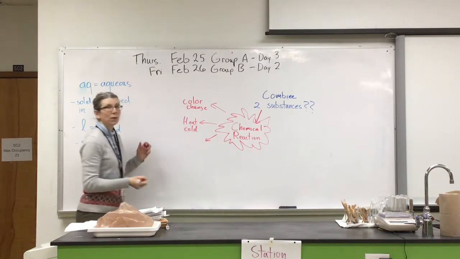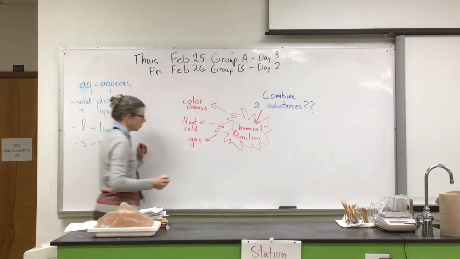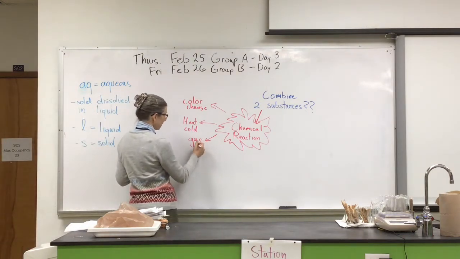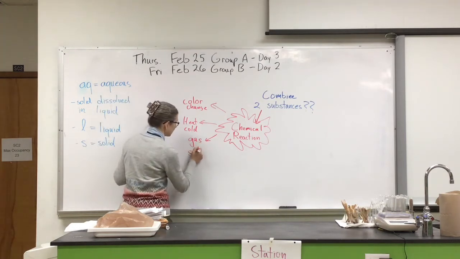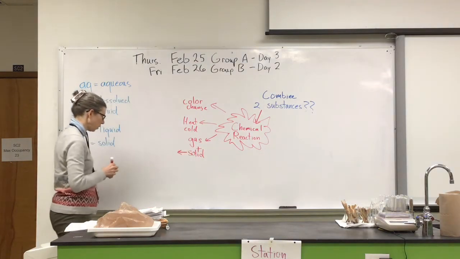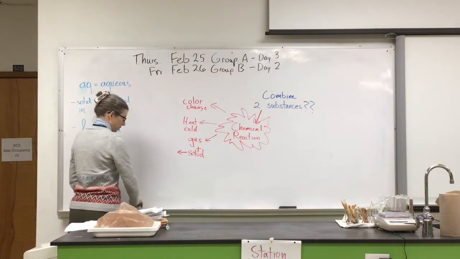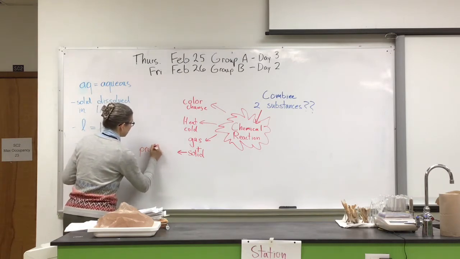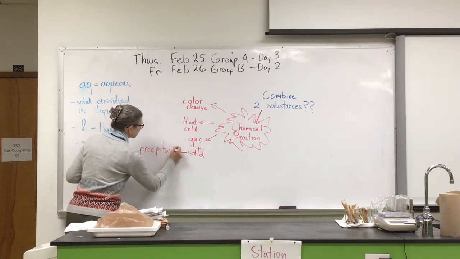And we could have a change of state. In the reaction in the bag, we saw a gas formed, but you could also have a solid formed. You can mix two liquids together and get a solid. When that happens, the solid is called a precipitate, spelled P-R-E-C-I-P-I-T-A-T-E.